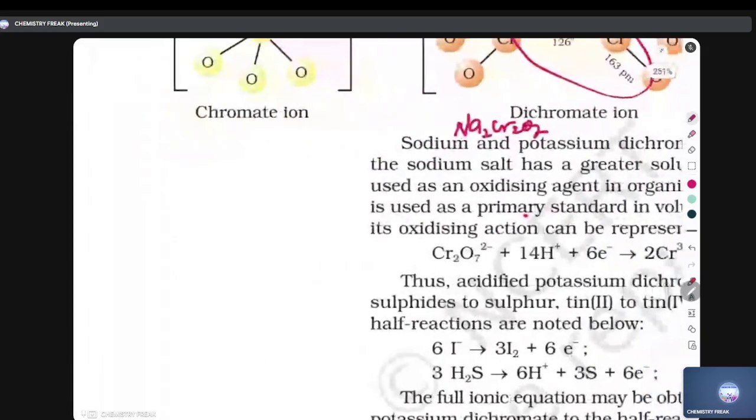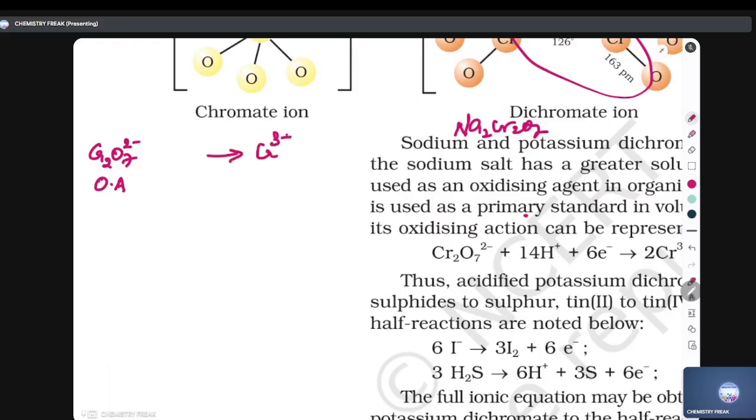Look, what do we say? Cr2O7 2 minus, the dichromate ion, is an oxidizing agent. It oxidizes others and gets reduced to chromium 3 plus, going from 6 plus to 3 plus state. Now I am going to balance this reaction, the 11th standard redox reaction topic.